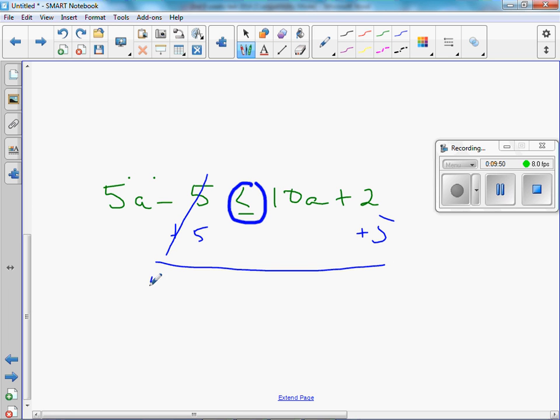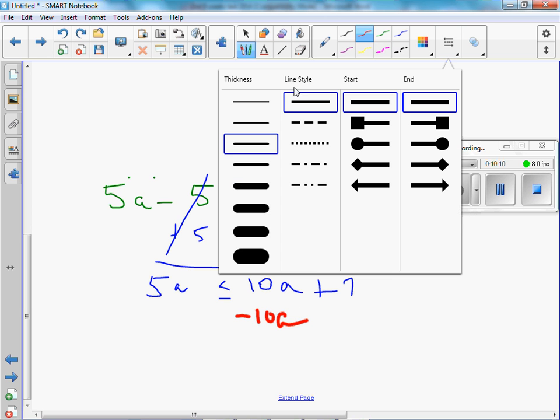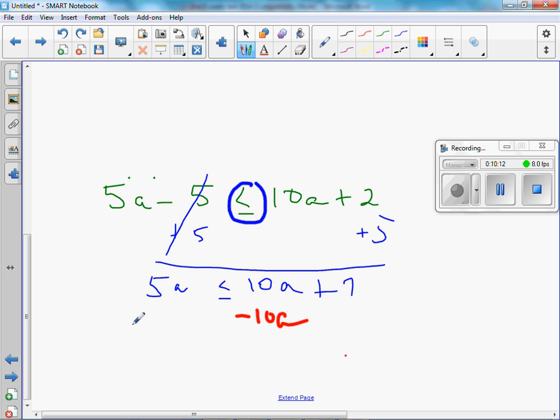That leaves it alone. So 5a, hope y'all can read this, I'm going a little fast, is less than or equal to 10a plus 7. Now you have 10a and 5a, so we're going to move the 10a by subtracting 10a.